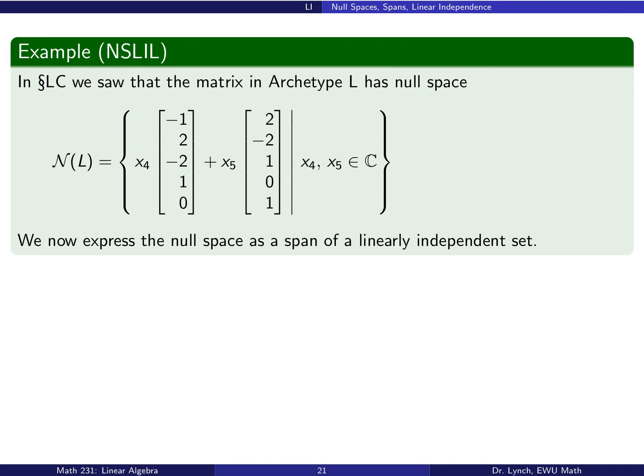I'll set the first vector to be z1, the second vector to be z2. The null space of this matrix L is the span of the set z1 and z2. And again, by the way that we've constructed those, the vectors are automatically linearly independent. This idea of linear independence and span is going to be really important soon, so keep those in mind.